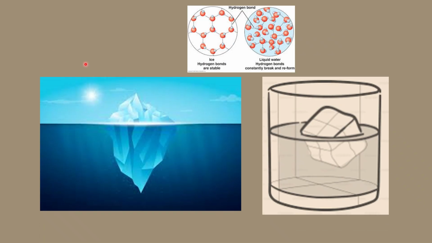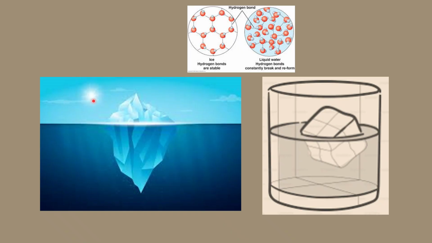So now you can understand why ice floats on water, because ice is taking up more space because of the macromolecular pattern, and in liquid water it is many individual molecules. That's why ice floats on water.